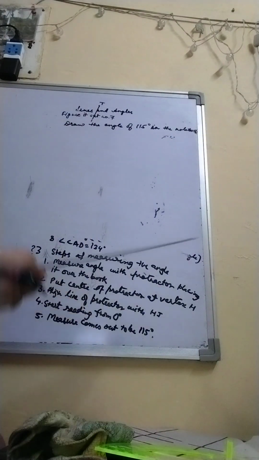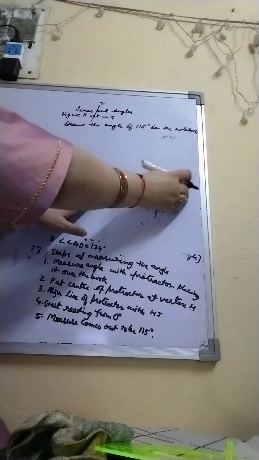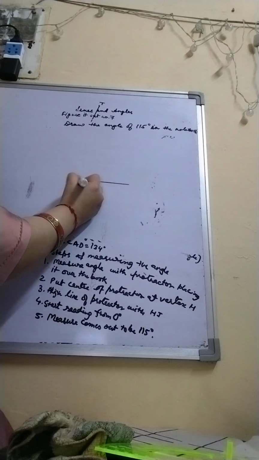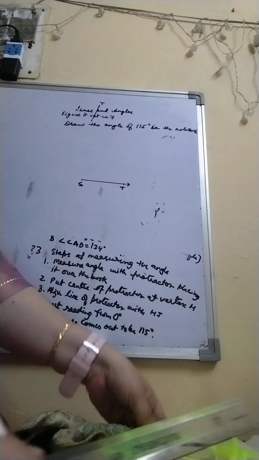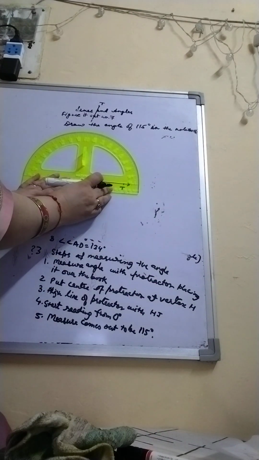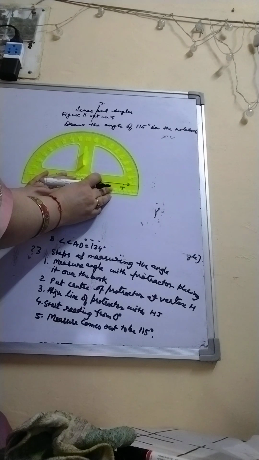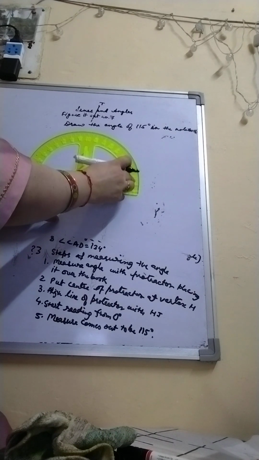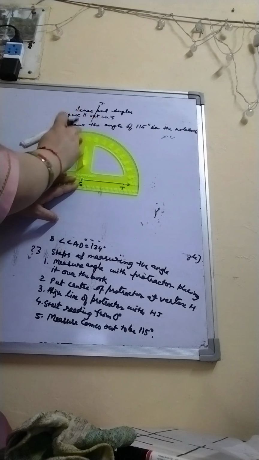So now you would put the scale and draw a ray ST. Put the center of the protector, align the line, S is the vertex, start with 0 and go till 10, 20, 30, 40, 50, 60, 70, 80, 90.